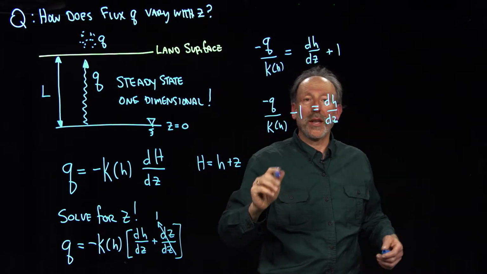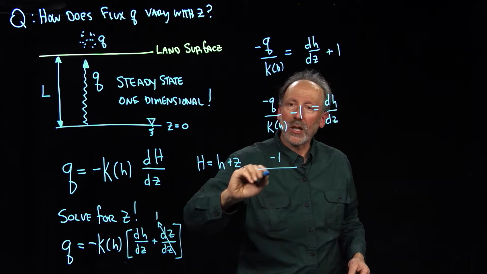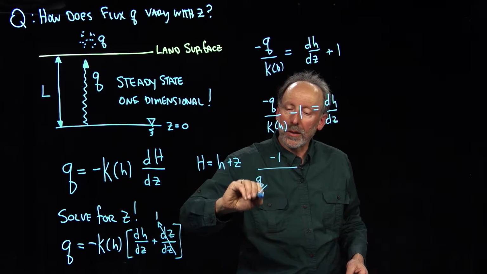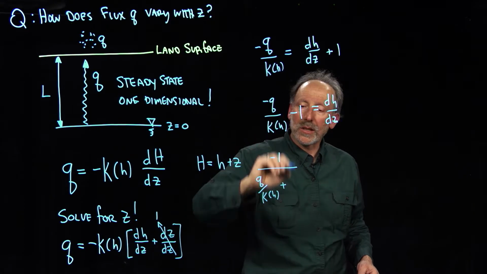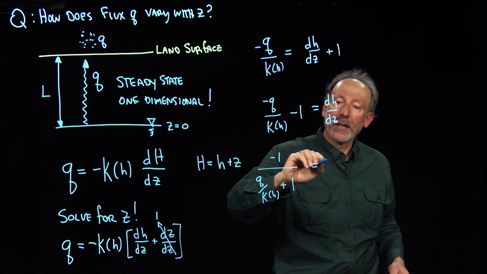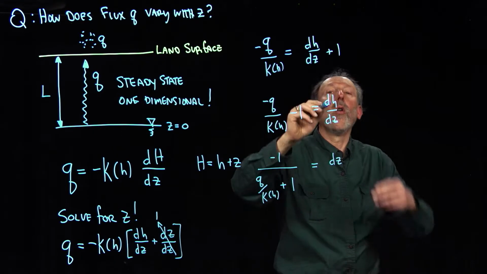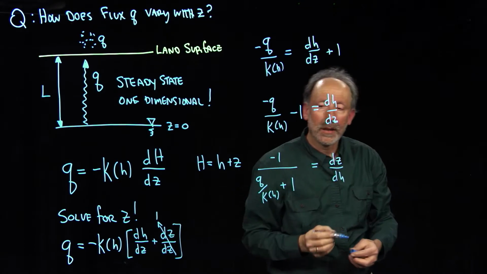Now we're going to flip this whole thing, so invert both sides. You get 1 over minus Q over K of H, and because of the minus, that's going to be plus 1, equals dz over dH.